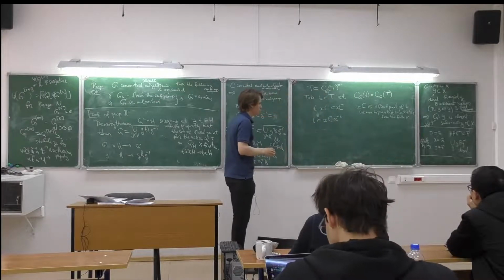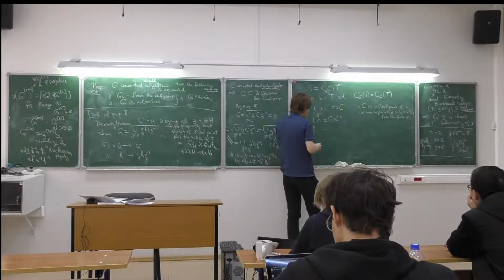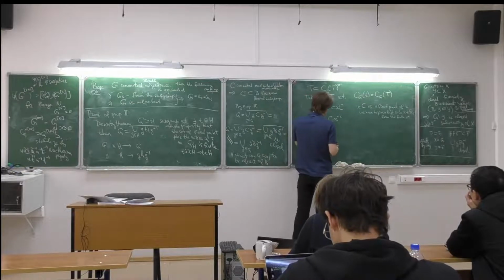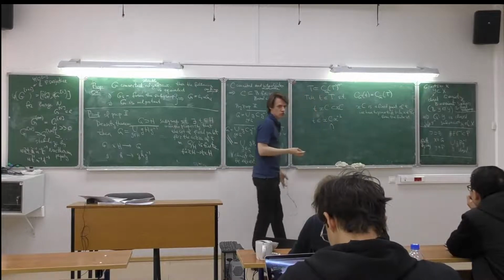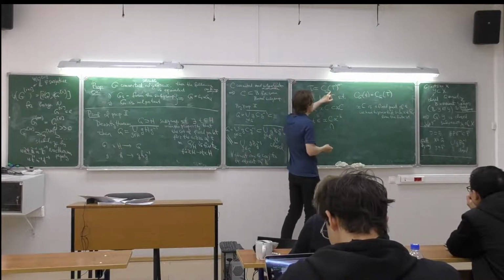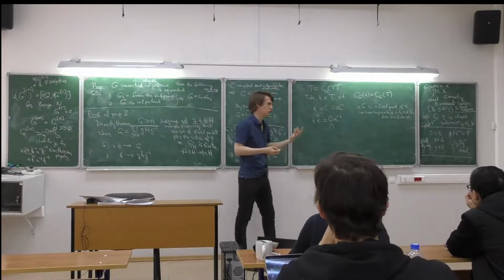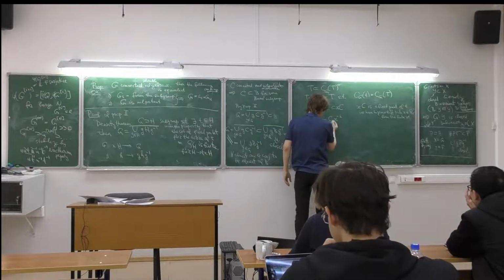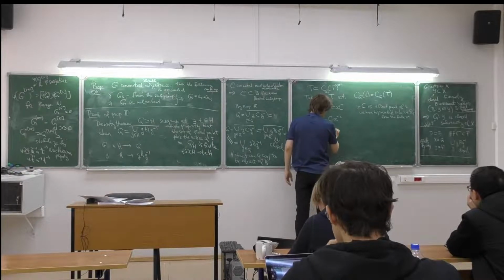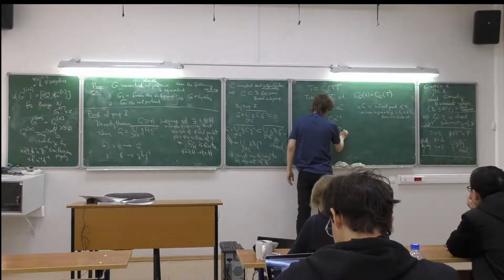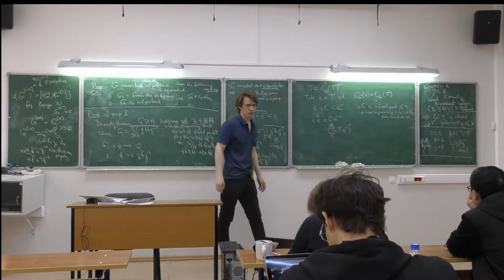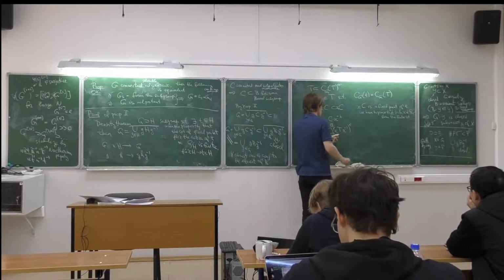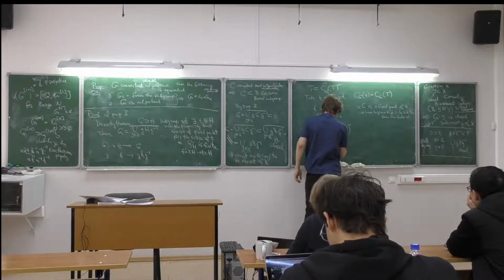But what does it mean? Here you have its own torus. The Cartan subgroup was the centralizer of the torus, and the conjugate of this group is the centralizer in G of xTx inverse. The connected component. So here you have its own maximal torus.